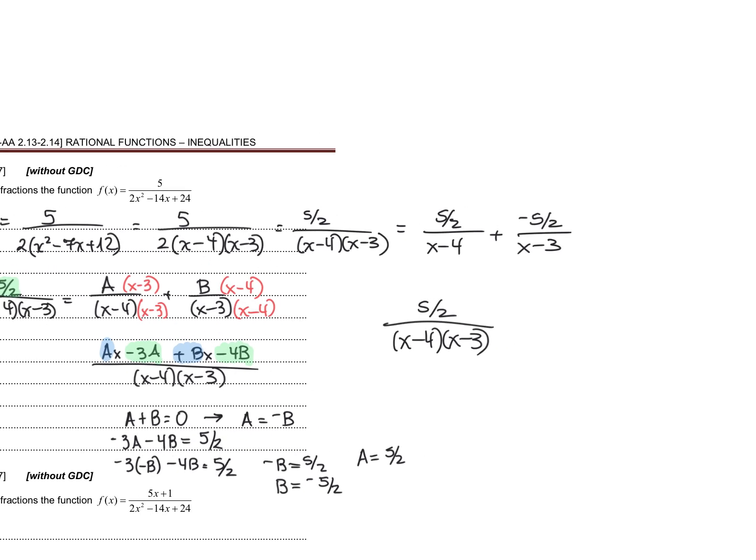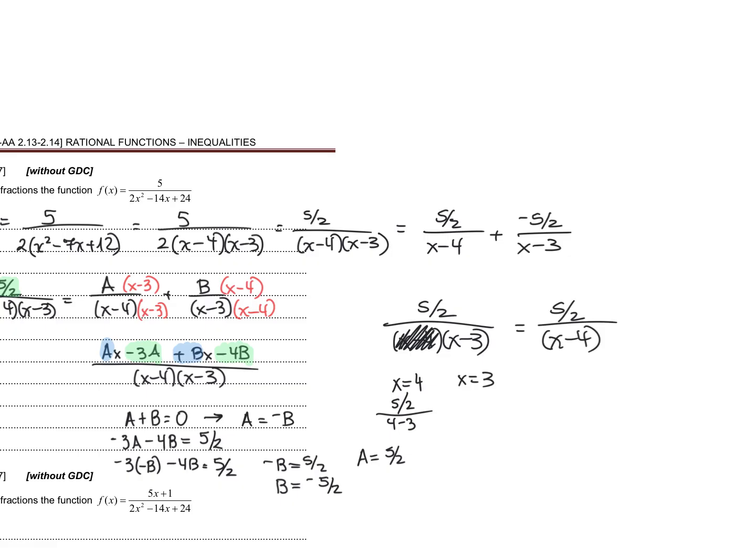So we have the zeros, x equals 4, x equals 3. So if we cover the x minus 4 up, and we substitute in 4, we're going to have 5 over 2 over 4 minus 3, which is 5 over 2. So this is going to be 5 over 2 over that thing we covered up.